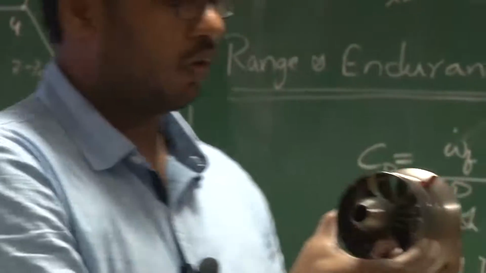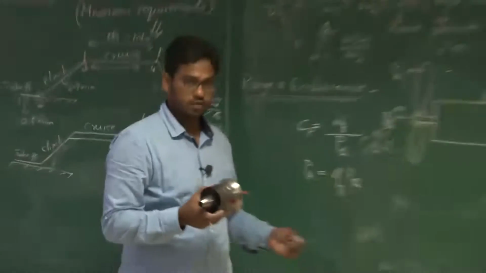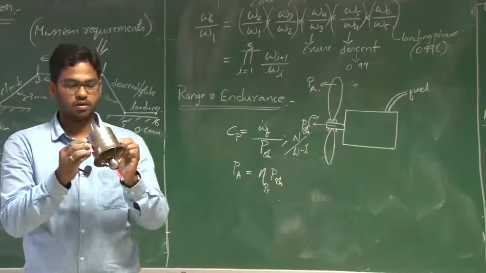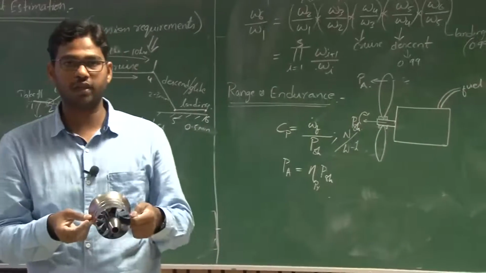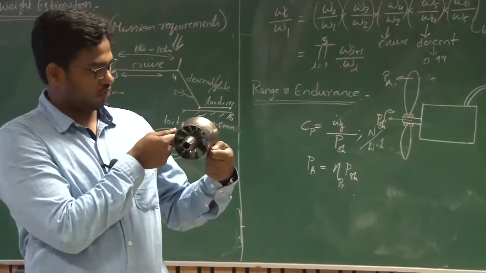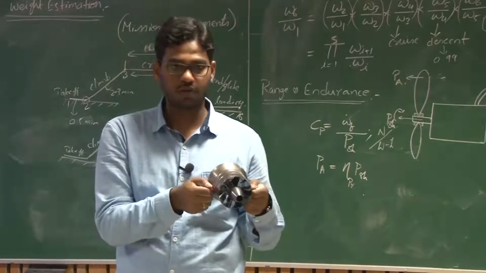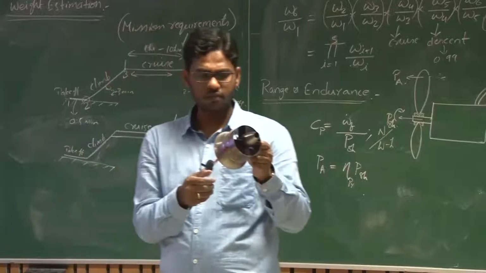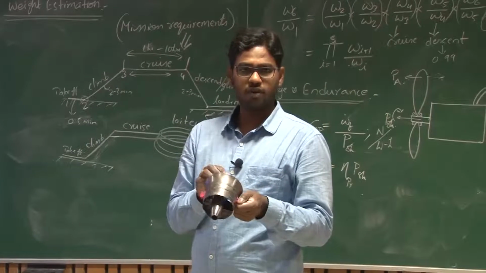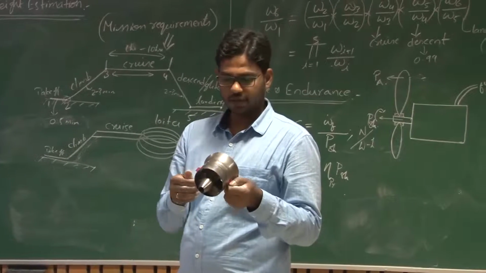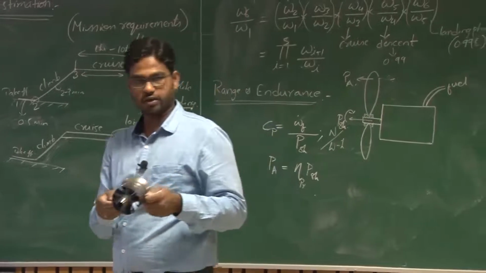So in all the cases we need to multiply the available shaft power with the efficiency. By the way, this particular EDF delivers a 4.5 kg thrust with a 6S battery, which is approximately 24 volts input voltage. You can control the speed by means of a speed controller. We'll discuss these things in later lectures.